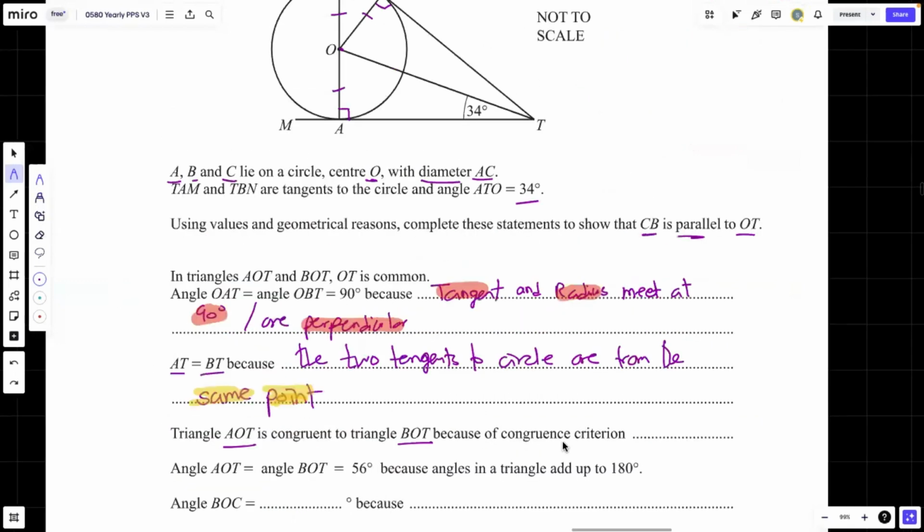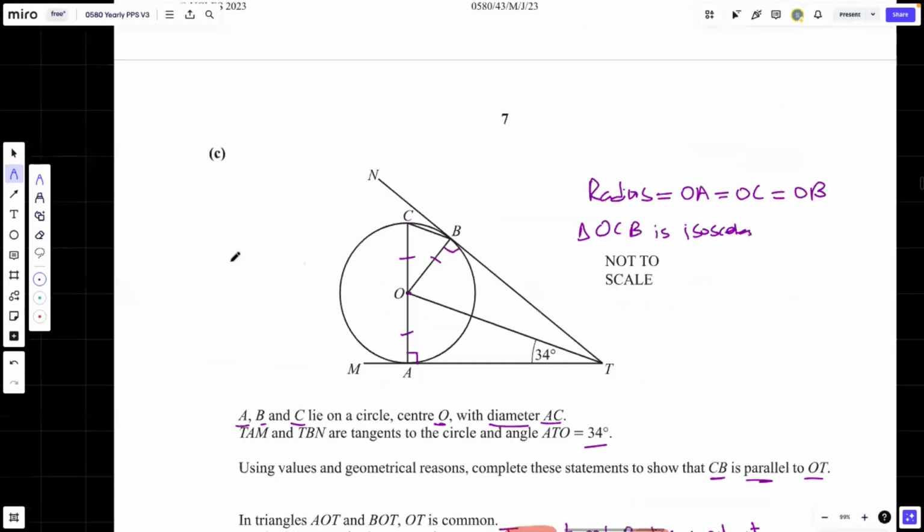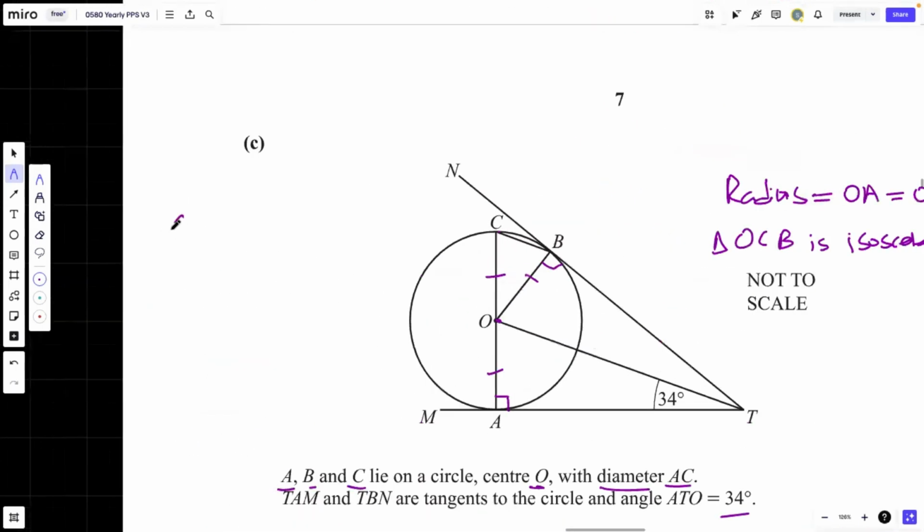Namely, you have side-side-side, where two triangles having all three sides the same are congruent. You have side-angle-side, you have angle-side-angle, and you have right angle-hypotenuse-side. These are the four most common ones that are used.